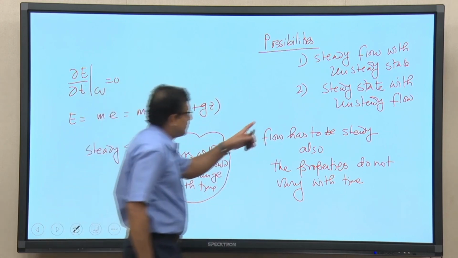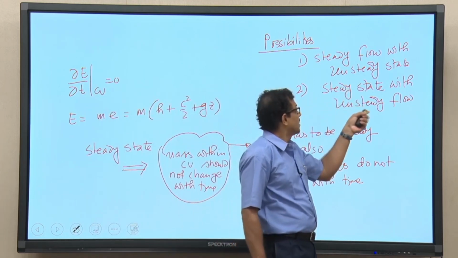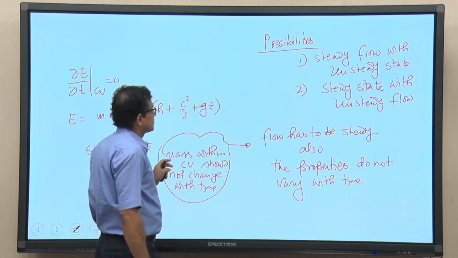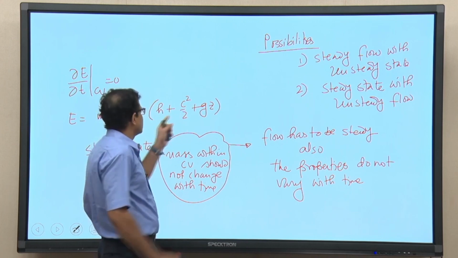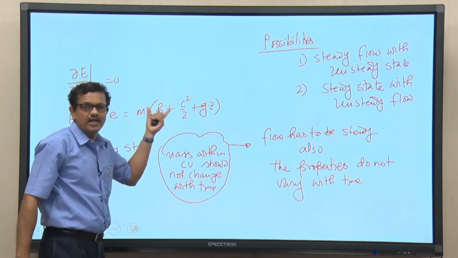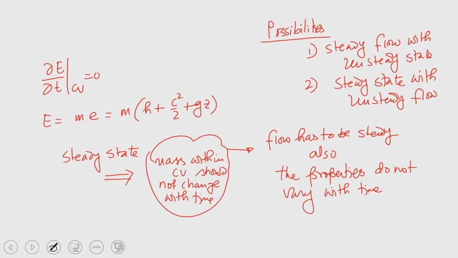So, even if the state is steady, but if the flow is unsteady, that means steady flow, that means mass is not changing, but unsteady state, so properties are varying with time, in that case dE/dt CV will not be equal to 0.